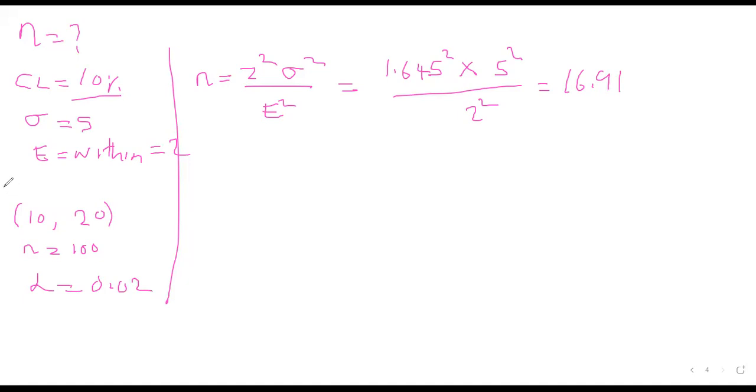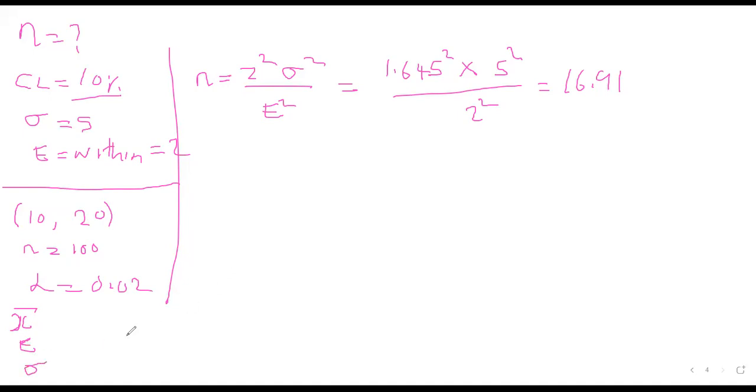So sometimes we'll be given a confidence interval of 10, 20. Our sample size is already given as 100, and our alpha as 0.02. Then you're asked to find the mean, the error, and the standard deviation.